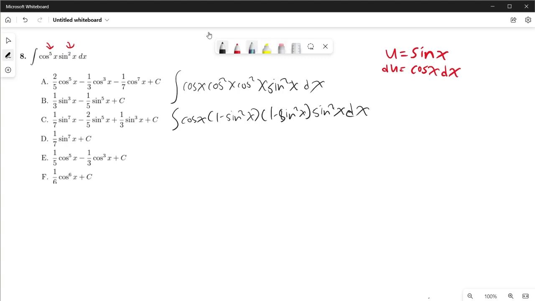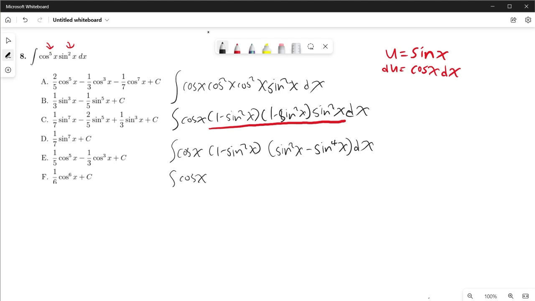Then I can distribute out the last three terms. I still want to keep the cosine x to itself, so I can distribute one of them at first. Then I'll have sine squared x minus sine to the fourth x.